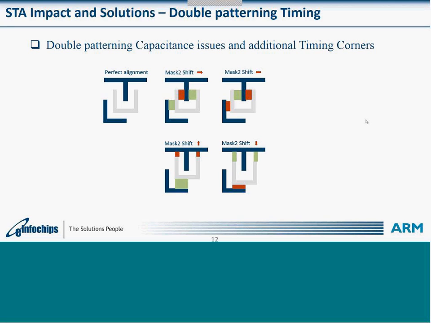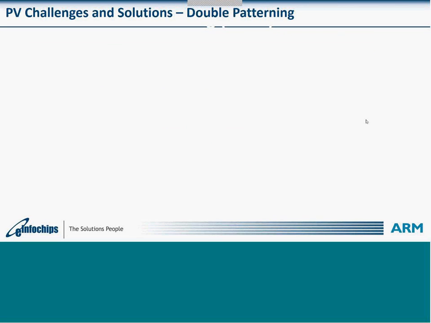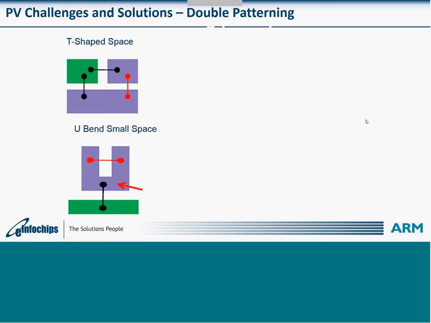Challenges solution. Next slide. Here I'll just briefly cover what double patterning is, and move slightly deeper into the double patterning issue during PV. Double patterning is nothing but decomposing the same metal polygons into two different masks so that no two neighboring polygons are going to be fabricated in the same mask.